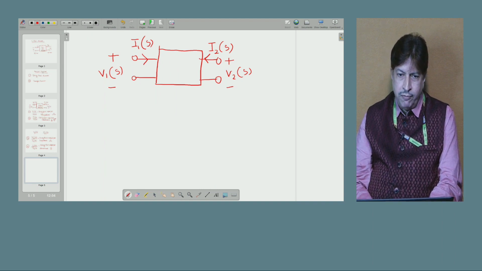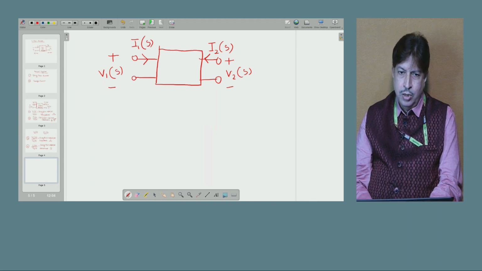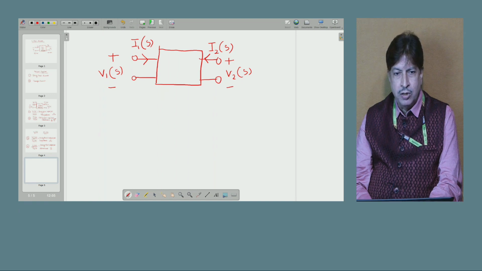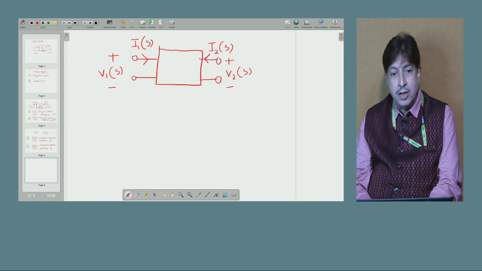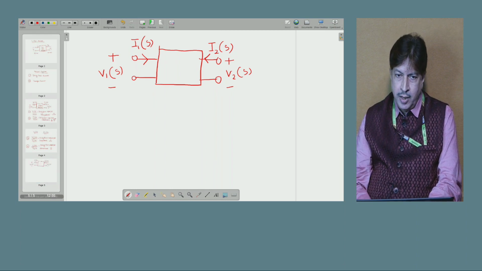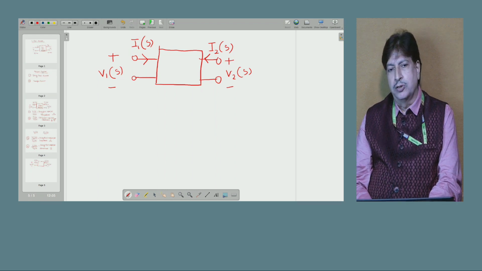A transfer function is a network function in which the numerator variable represents the Laplace transformation variable of one of the ports and the denominator represents the Laplace transformation variable of some other port. Both numerator and denominator are different port variables.